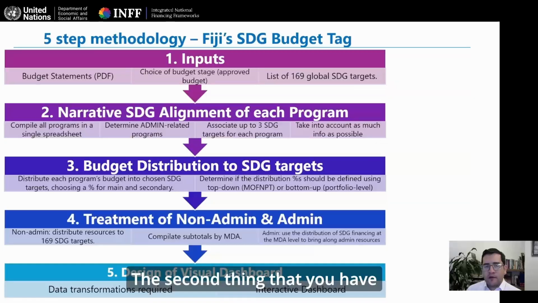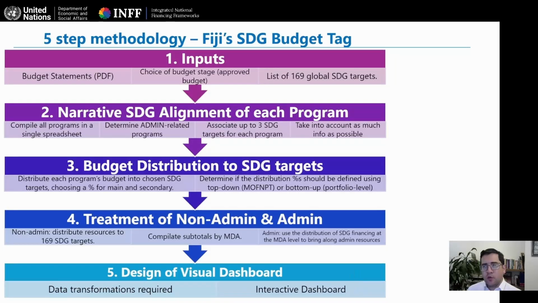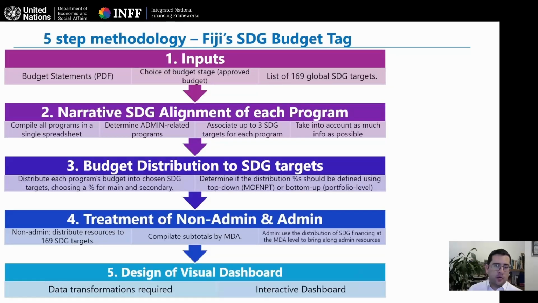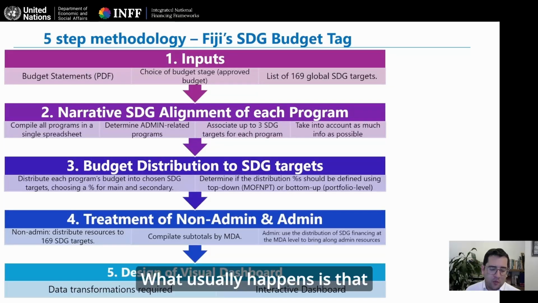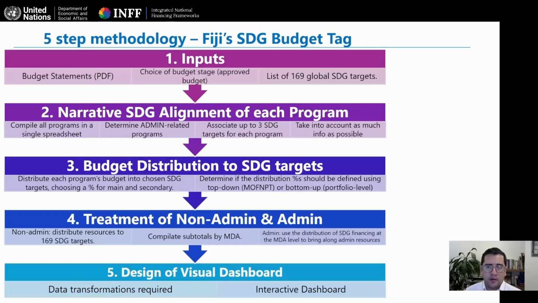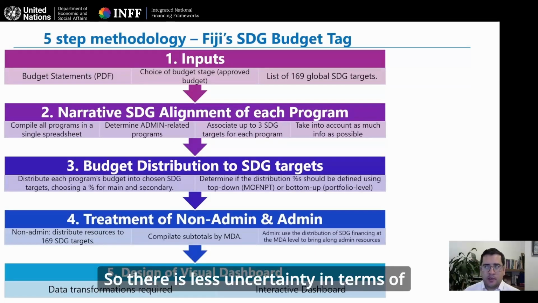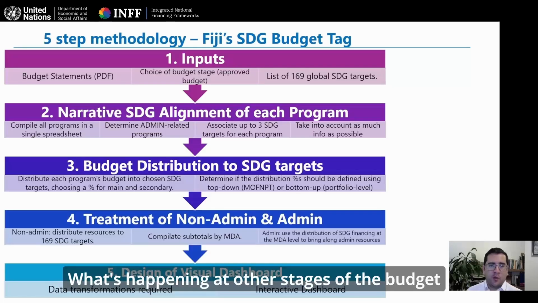The second thing that you have to take into consideration within the inputs component is to choose a budget state. What usually happens is that countries prefer to work with the approved budget so that there is less uncertainty in terms of what's happening at other stages of the budget.